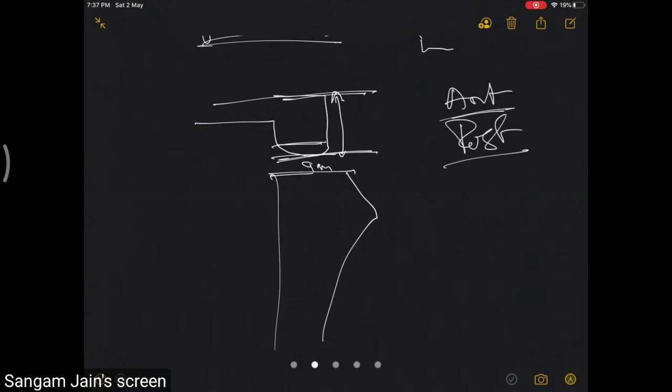It gives a size of the implant based on this anteroposterior measurement, and the size is calibrated in such a way that if you use that size 4-in-1 block, it cuts the distal femur 9 mm. Okay, so it is like that.